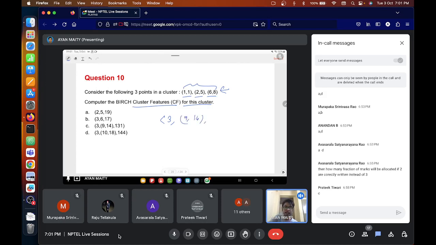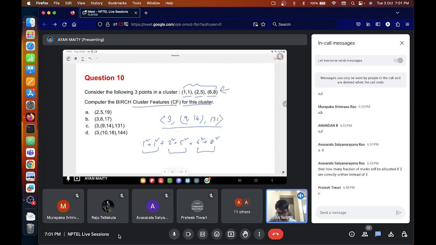And the third and last element is the squared sum of the points. For the 3 points (1, 1), (2, 5), (6, 8), the squared sum would be 1 square plus 1 square plus 2 square plus 5 square plus 6 square plus 8 square. This is for the first point, this is for the second point, this is for the third point. For all the points you have to add those squares, the sum of squares. If you compute this, it would be 131.